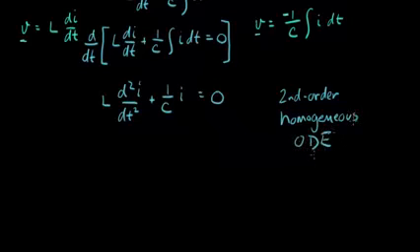It's a differential equation because it has derivatives in it. It's homogeneous because it only has derivatives of I with respect to t and nothing else. The indicator is that this side is equal to 0. There's no forcing term over here on this side. So when you can write the equation this way, we say it's homogeneous. And it's called a second order equation because it has this second derivative right here.